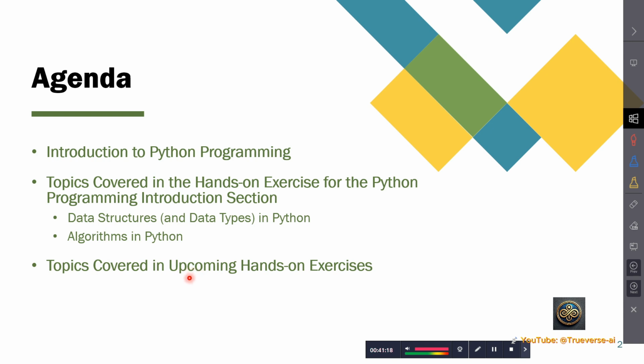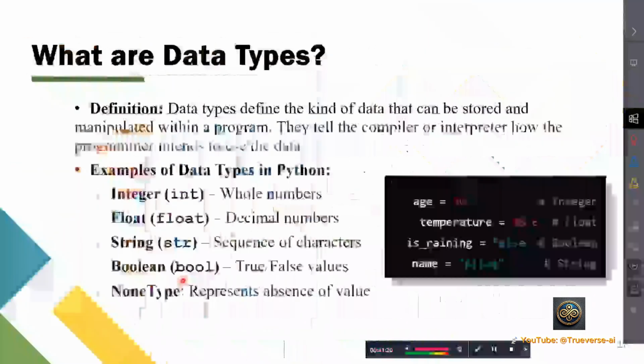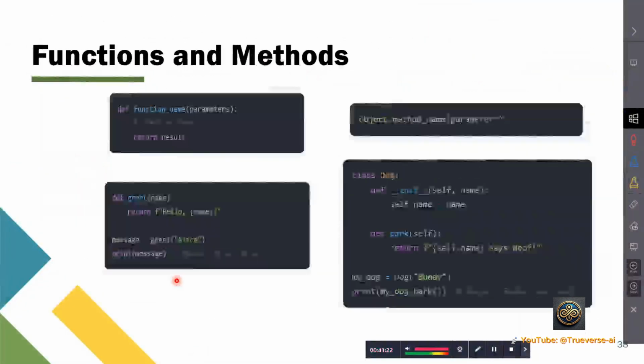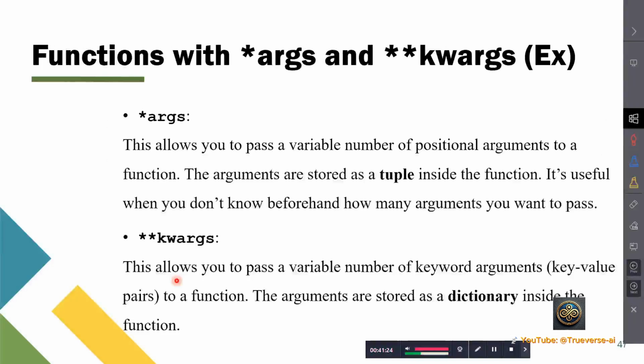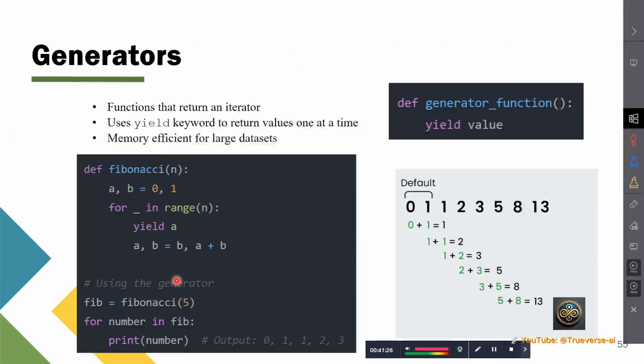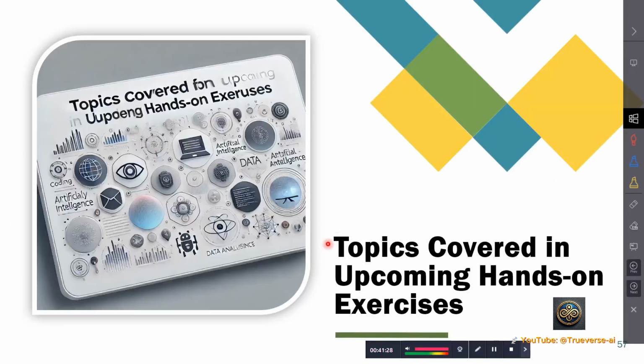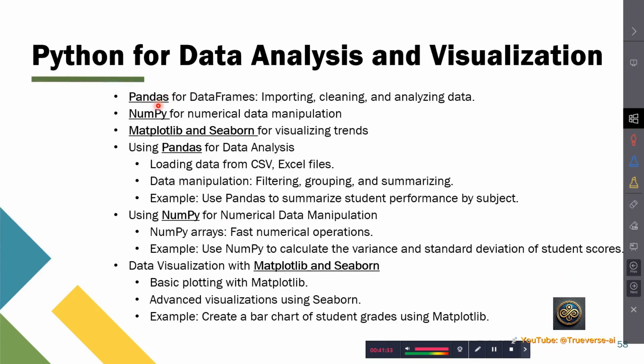Just a little bit, I'm going to talk about what's coming for the other hands-on parts. Quickly, just remember some upcoming hands-on. We will talk about pandas, which is useful for analyzing, pandas and NumPy, Matplotlib and Seaborn.